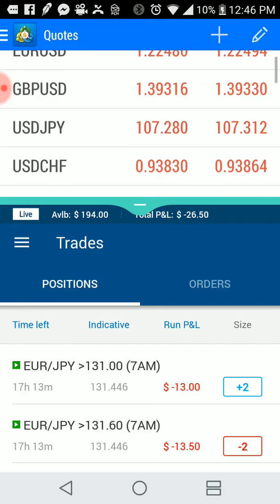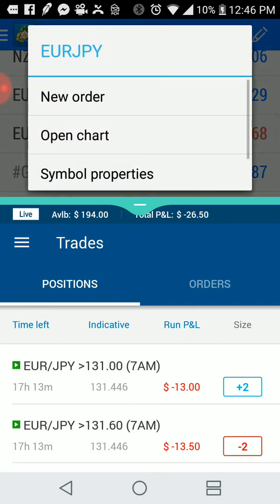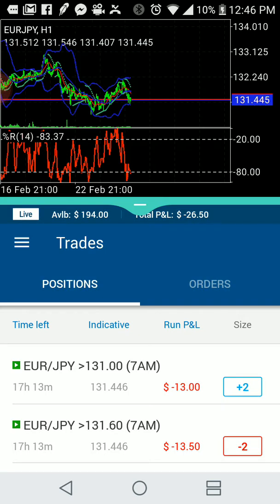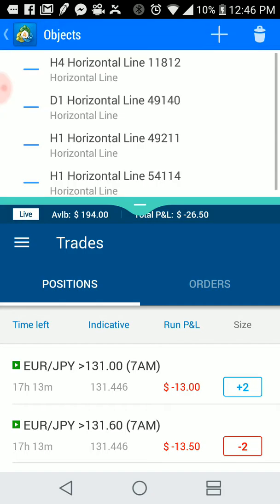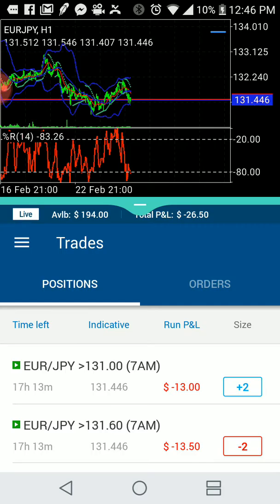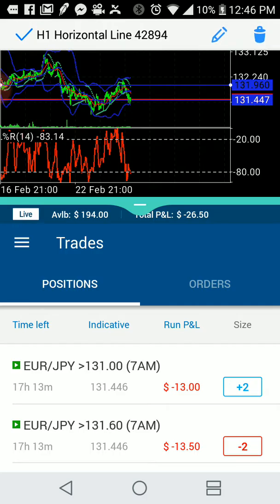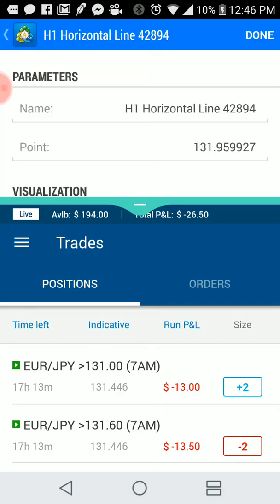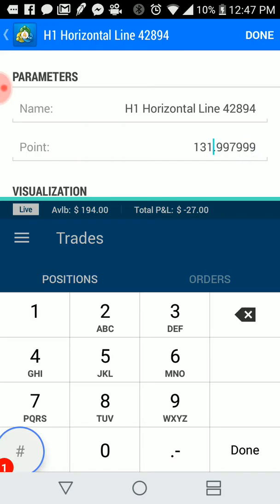First, let's find the euro pound. All right, and 3160 is our top, and 3100 is our bottom. All right, 3160 and done here.